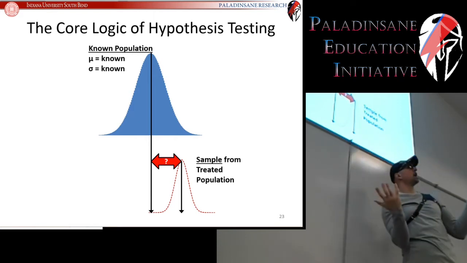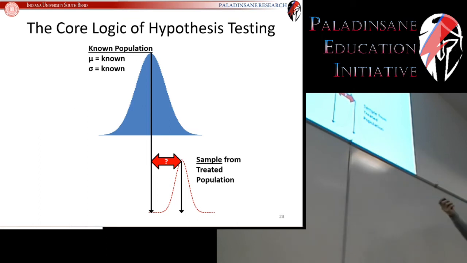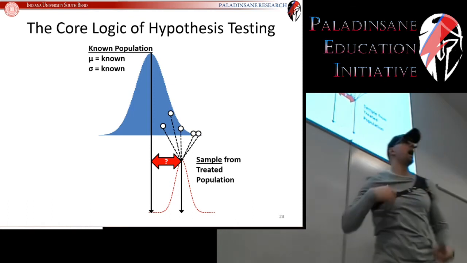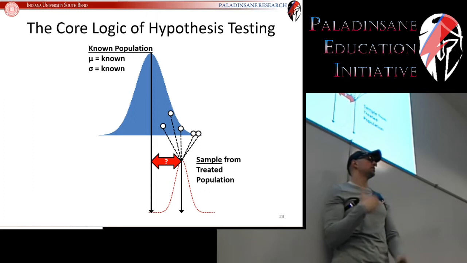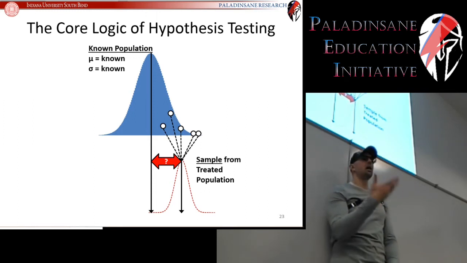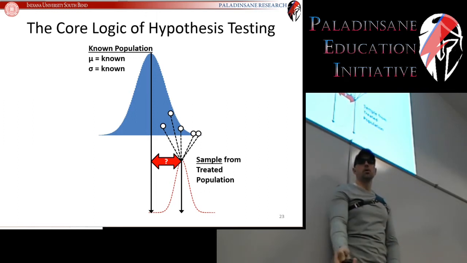Because there's always a chance, right? It's always possible that you could have picked 5 people from the extreme tail, and that's what created your sample. However, this is highly unlikely to have occurred. And depending upon how likely or unlikely your sample is to come from the population, that's how we make our decision. So we were talking about likely and unlikely.